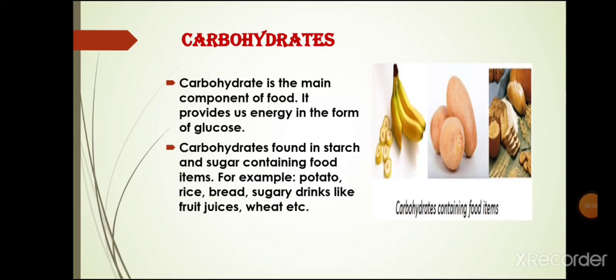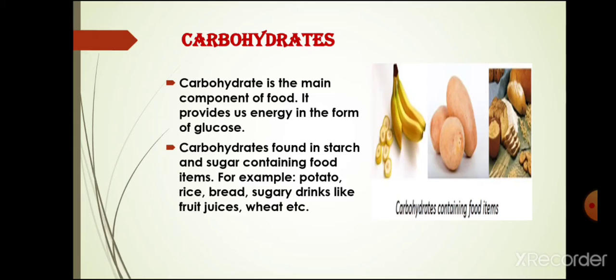Carbohydrate is also known as energy giving food, and it is one of the important components of the food. It provides us energy, as I already told you. Like majority of us take chapati, parathas, bread, rice in our daily meal. Why do we generally take these food items as a meal?